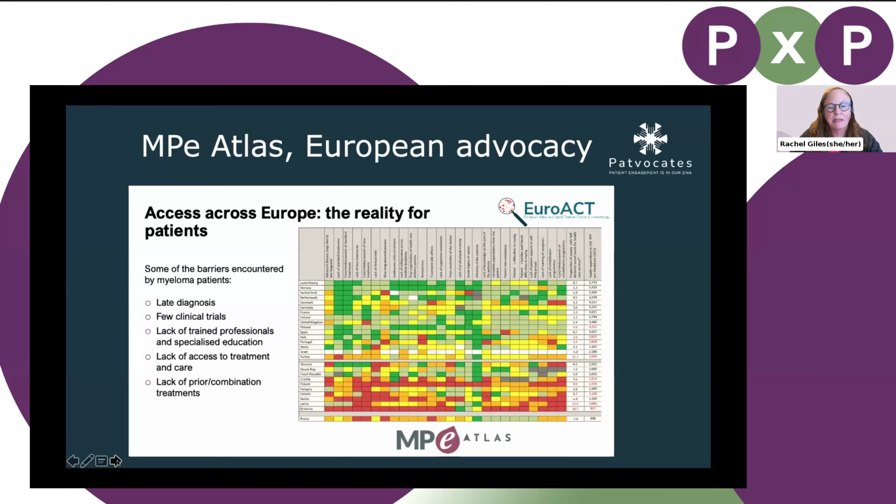So this is a kind of busy slide. I'm only going to point to it and show it. It's kind of a heat map. This is an example of a group in Europe called Myeloma Patients Europe. The countries listed on the far left of that chart are all the European countries, and together with patients and medical professionals, they gave a scale on how good each country is, with about 25 determinants that they were scored on.